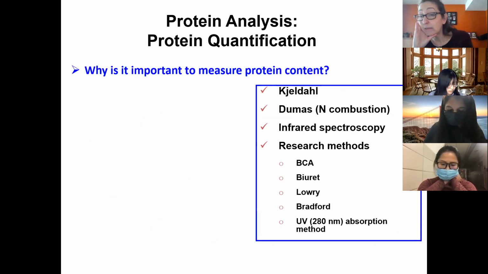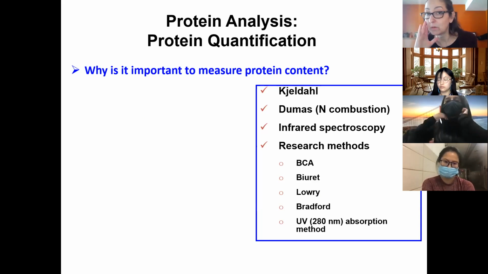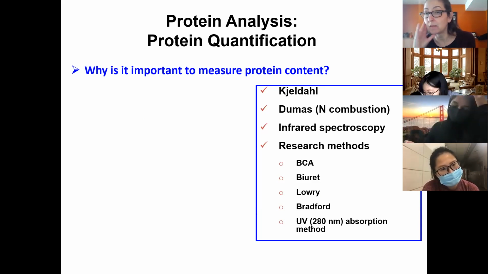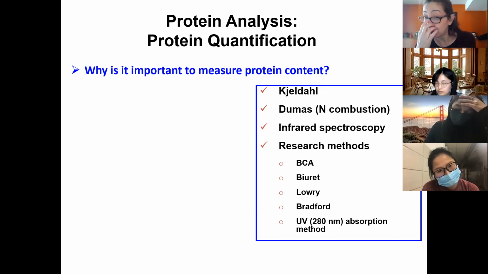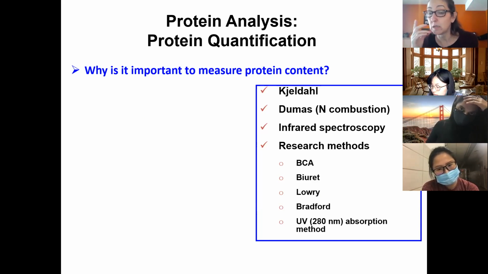Okay, so this is an overview, right? I'm just going to go through this quickly because I'm assuming that all of you are familiar with protein quantification methods from previous classes. The common methods that we use for protein analysis are Kjeldahl, and the other one is Dumas.